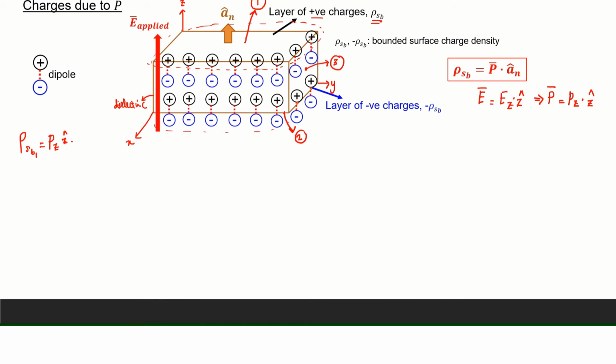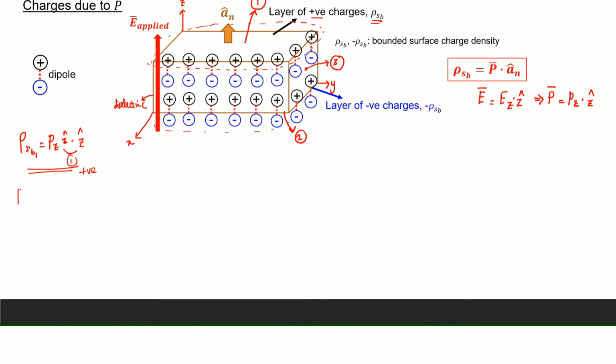Surface number 1 is directed in the positive z direction, so the dot product of z and z, the same direction, gives us 1. So rho SB1 is a positive value, because it is the same direction as z.